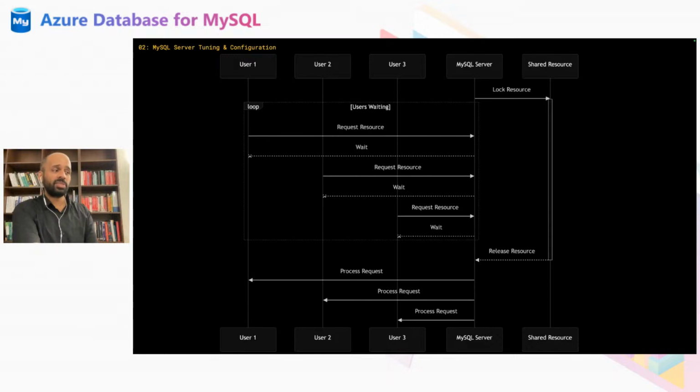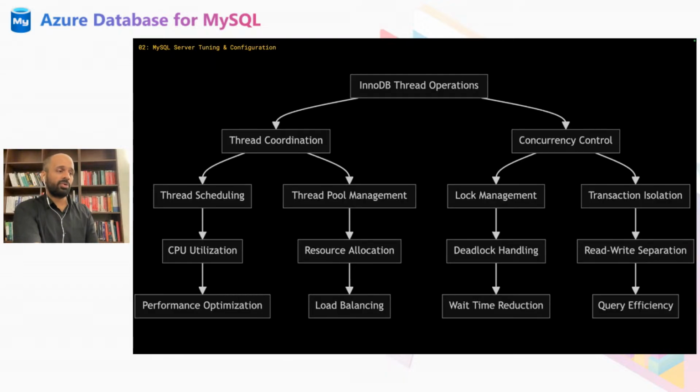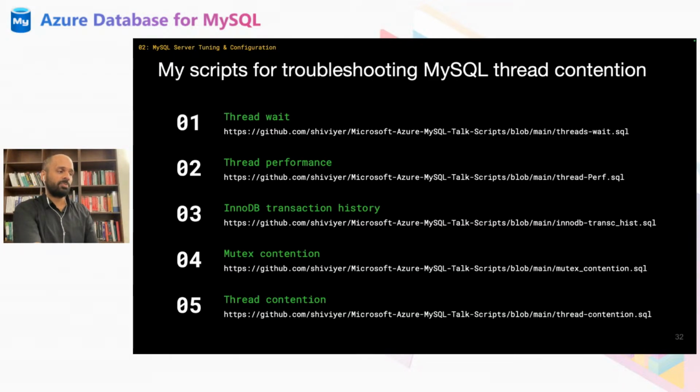The next diagram is an inverted tree structure of what the MySQL thread operations look like. Busy or waiting for resources, busy serving transaction completion, and query efficiency: everything is linked to the thread ops. So these are my collection of scripts for the thread ops.